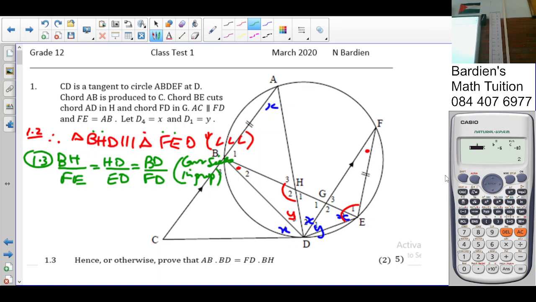So BH, they want AB. We don't have AB here. But if we look at AB from the diagram, AB is the same as FE. So do they have FE? No. FE is equal to?